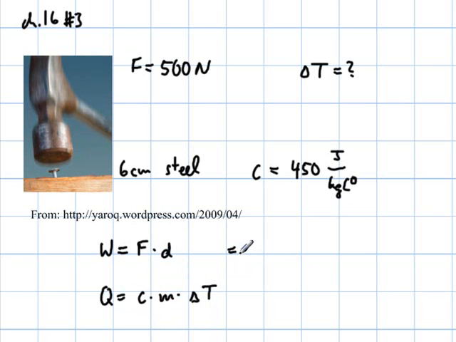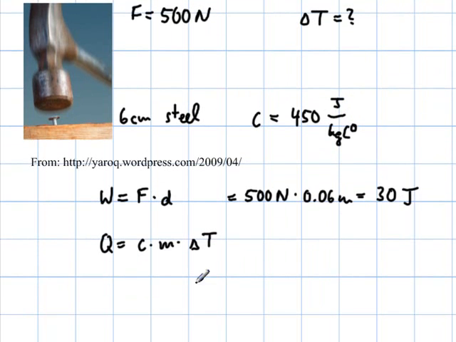The first one is going to be 500 newtons times 6 centimeters, so 0.06 meters. In standard units, we're going to come up with 30 newton meters, which will be joules. Nice, because I need that here as well.